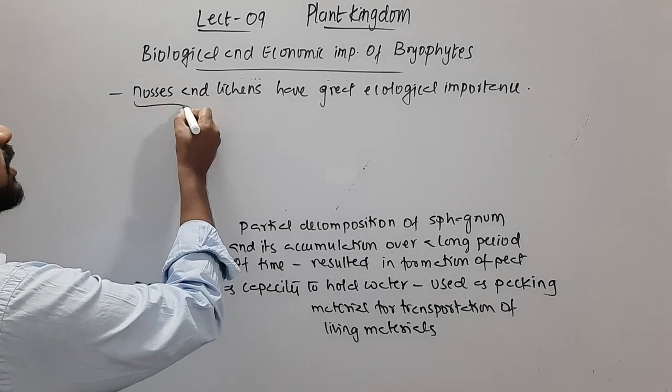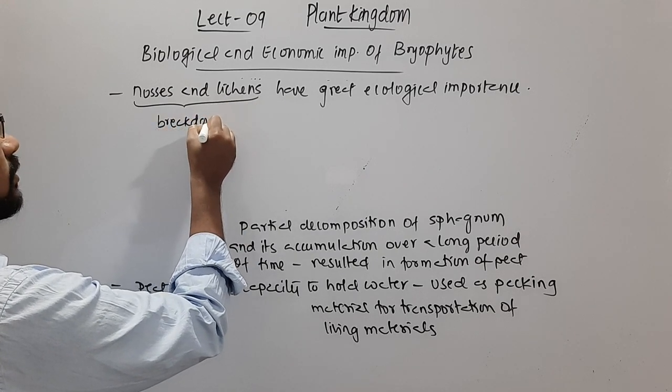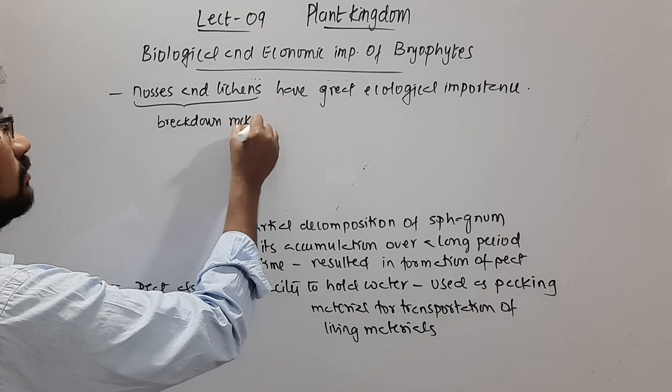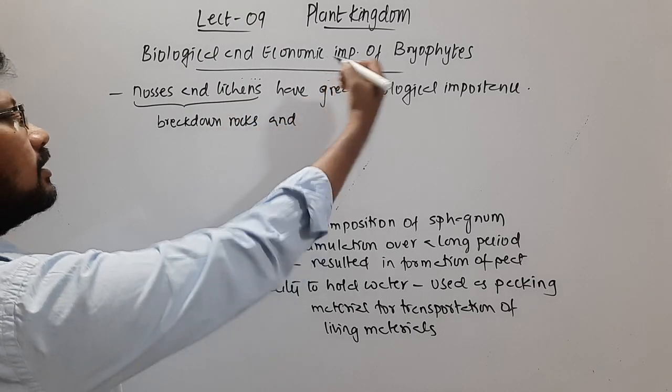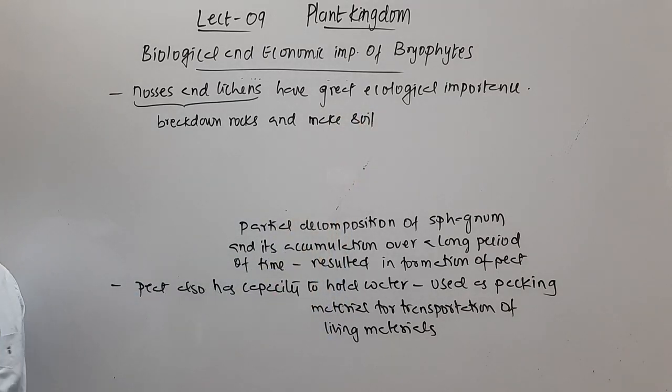These mosses and lichens break down rocks and make soil. And due to the formation of soil, it will be suitable for the growth of higher plants. On the rocks, higher plants cannot grow.